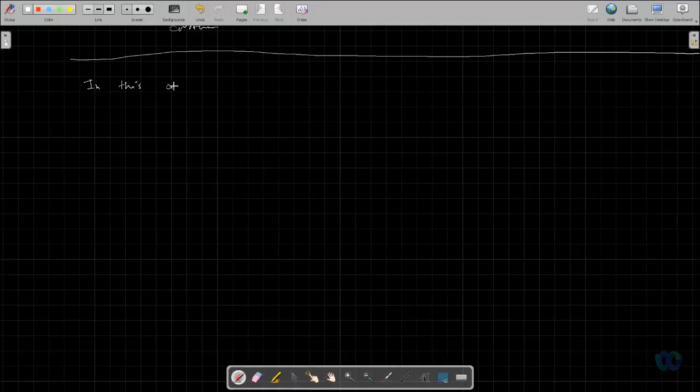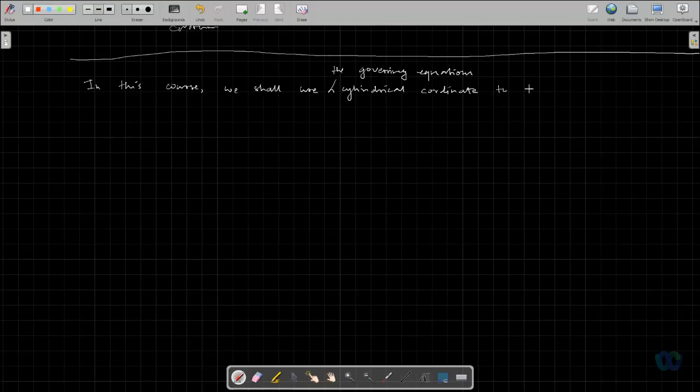In this course, we shall use the governing equations in cylindrical coordinates to solve heat transfer problems in a cylinder.